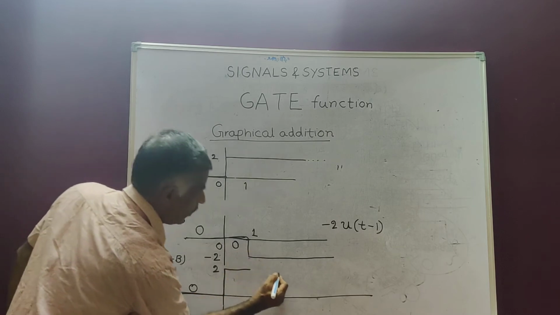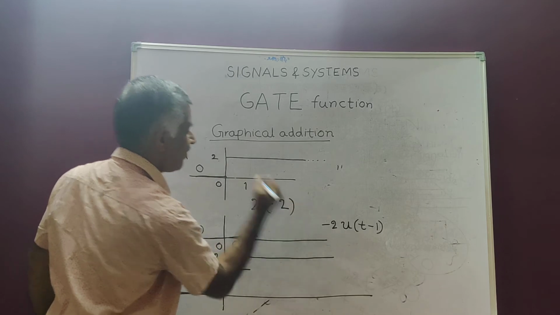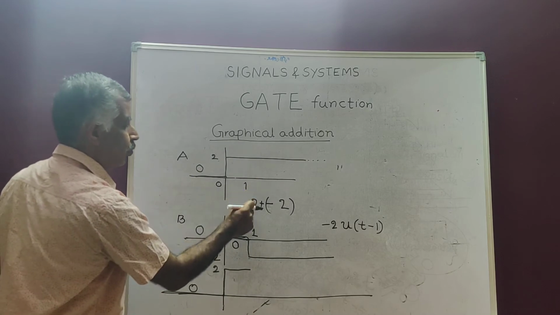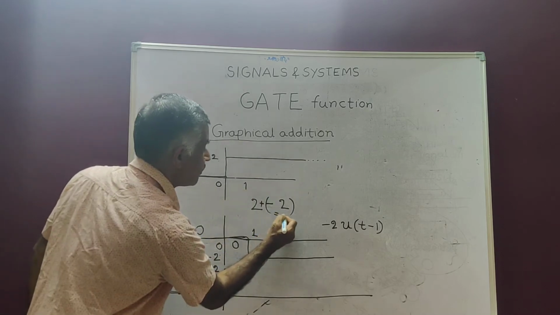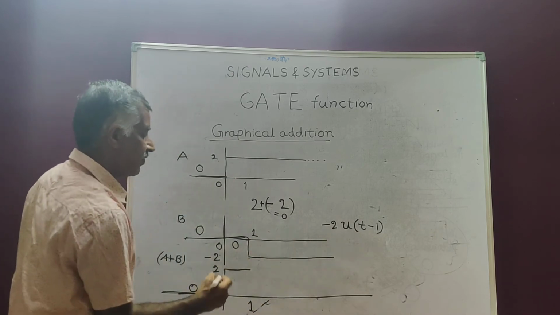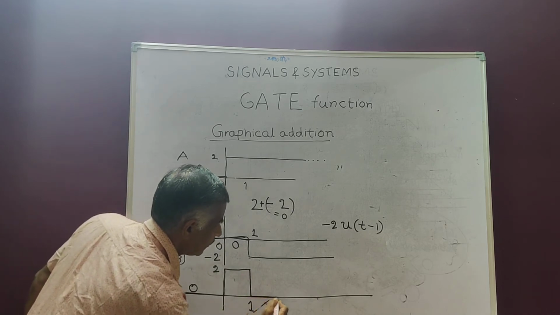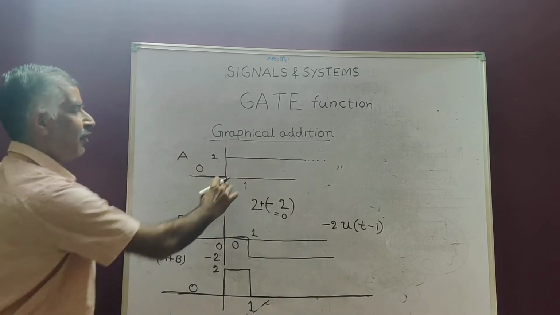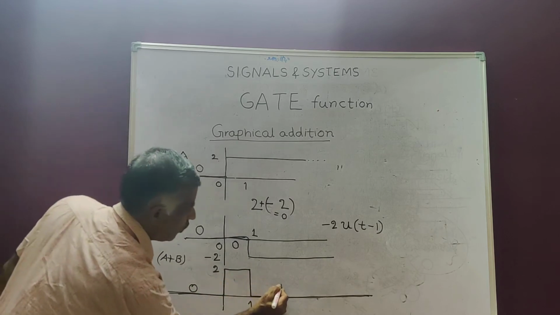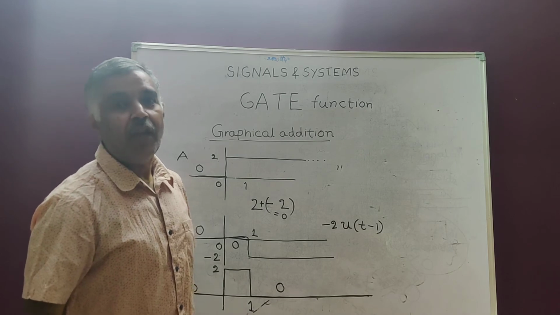So what is 2 plus minus 2? 2 plus of minus 2 is 0. That is, after 1, its value is 0. Therefore, after 1, this is 2, this is minus 2. Forever, it is at 0 value, and this is the waveform that results after graphical addition.